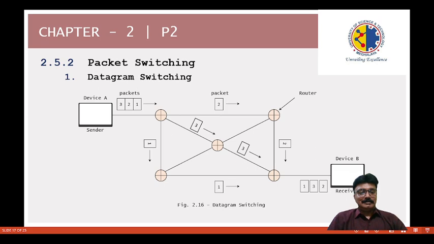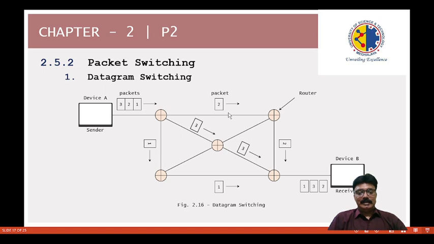Datagrams. A datagram is nothing but the data packet, the data unit. The data will be received from the sender, and the network works like this. The sender is going to send the data packets, for example 3, 2, 1 in this sequence, and it will find the nearest router. But the routes cannot be established specifically.